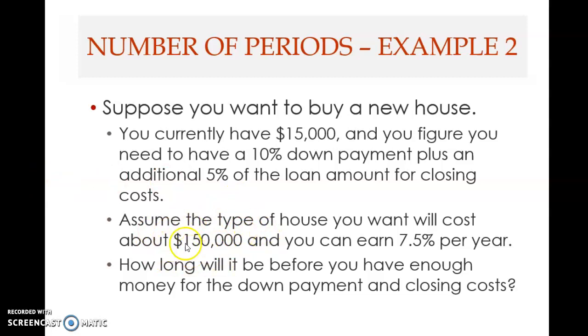Just because it's stated here, that is not the future value, because the future value is the payment, the money you need to have enough for the down payment and closing cost. So you need the value of the down payment and the closing cost, and that will be your future value, at year end.